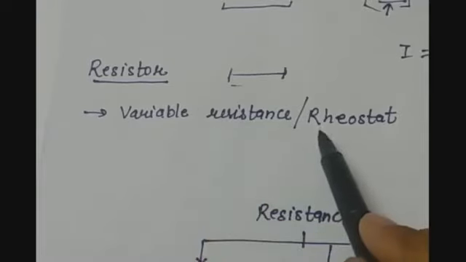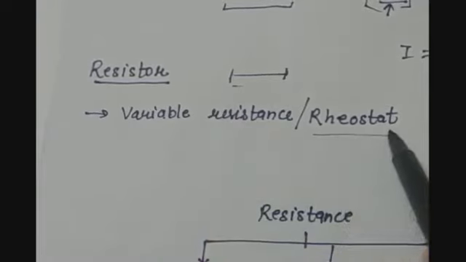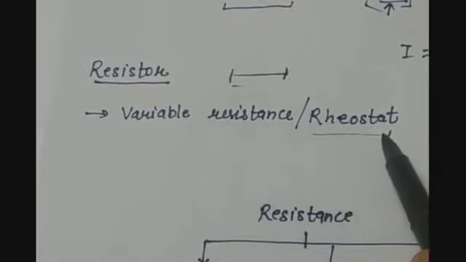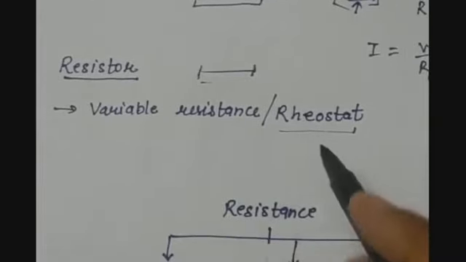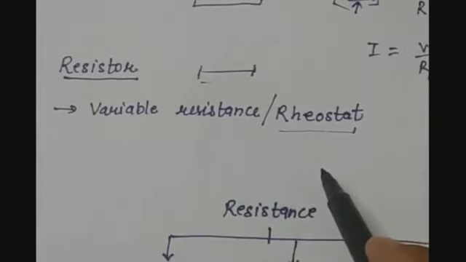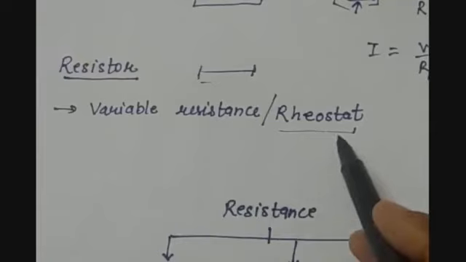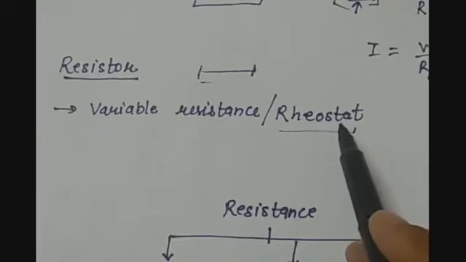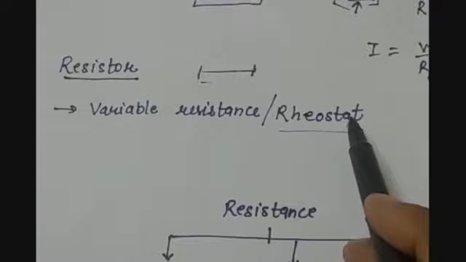And the component which is used for varying the resistance is called a rheostat. So a rheostat is a device which is used in the electric circuit to change the resistance of the circuit, which will lead to the change in the current without changing the potential difference applied across the conductor.